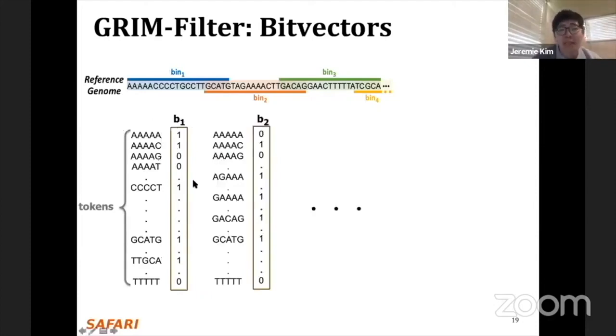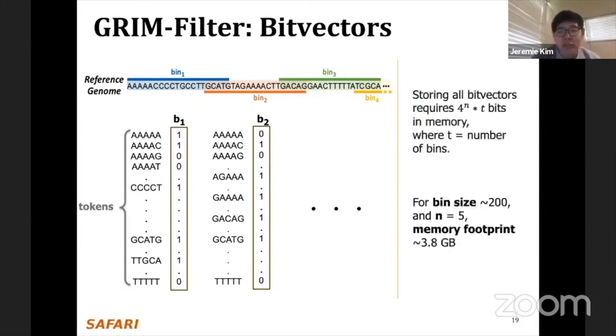And so to give you a feel of how large the memory consumption would be just for this, we can calculate it by using the number of bins that we split the reference into, and we multiply that by the size of the bit vectors.